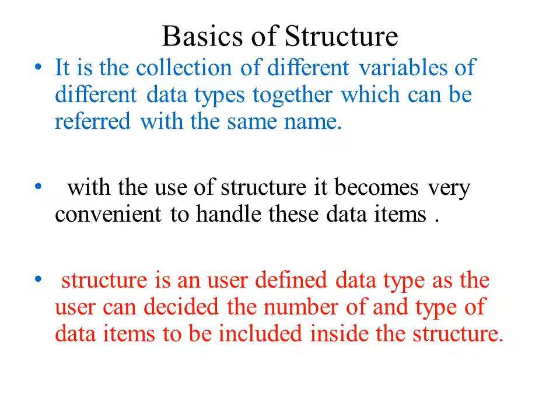So whenever there is a need to store data elements or variables of different data types, instead of using the array, we can use the structure. We can define a structure as a collection of different variables of different data items together, which can be referred to with the same name.